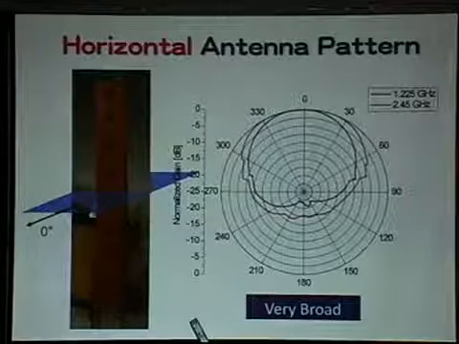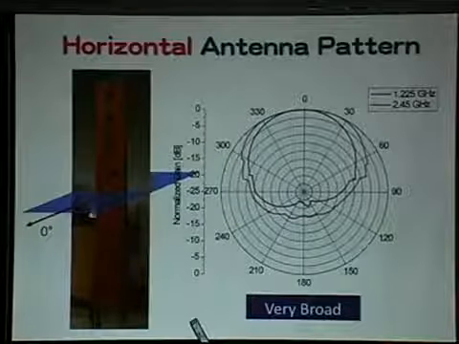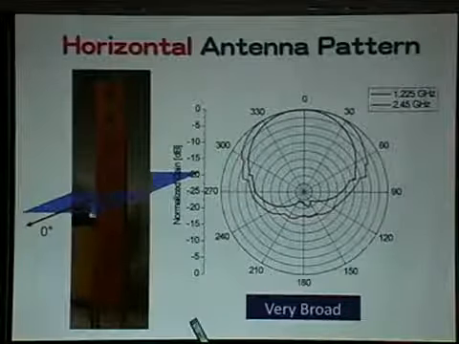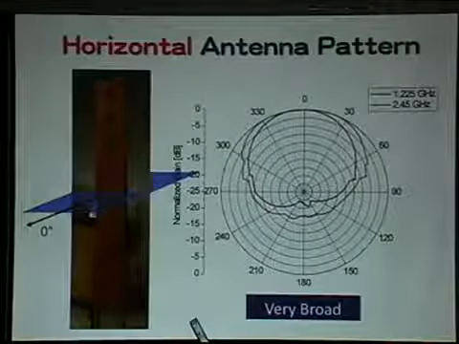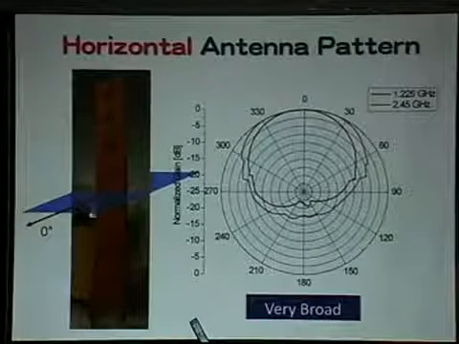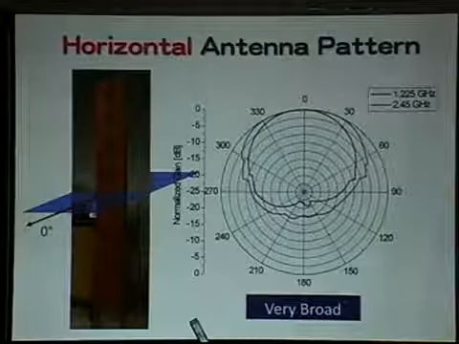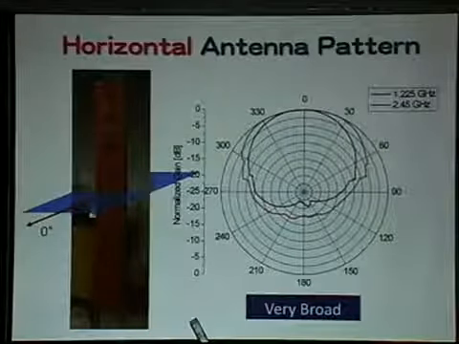So each antenna element concentrates in the vertical, and in the horizontal it has a very broad antenna pattern. So it can control the microwave beam in a wide angle range.